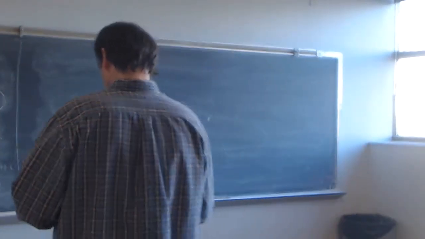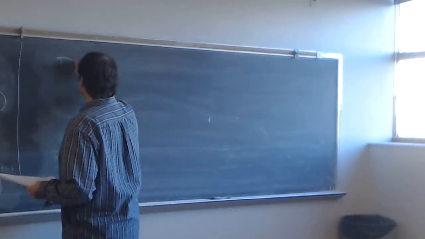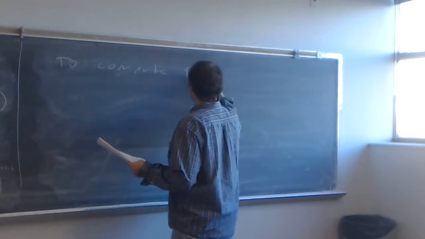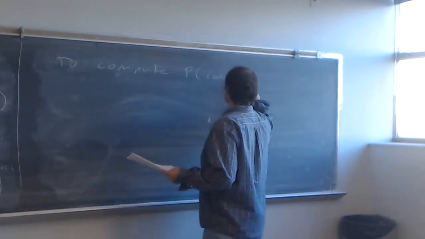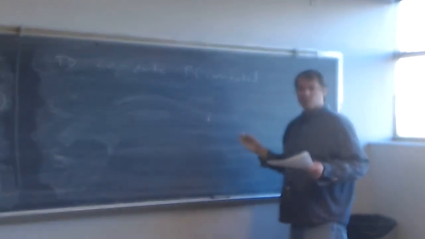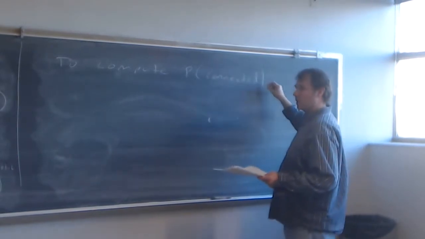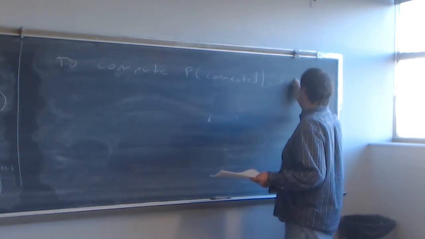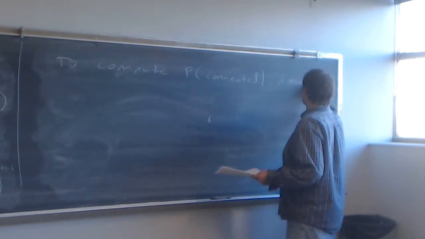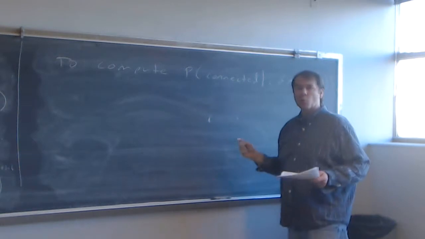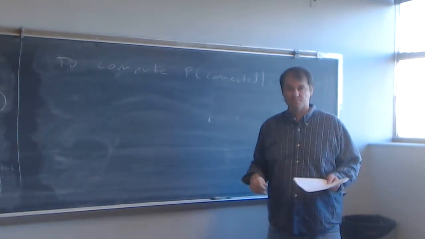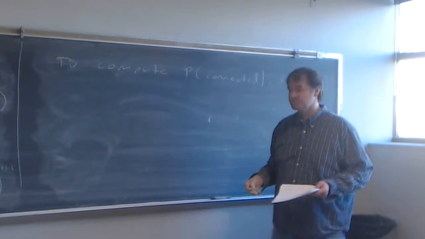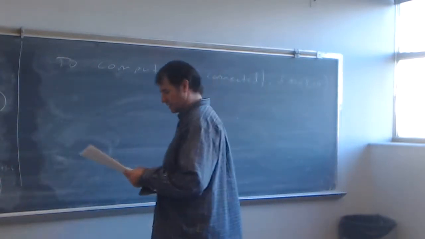So to compute the probability of connecting given I of the y sub j's equal to 0, we're going to relate this to a previous case within the lemma. So we can use this strong induction.